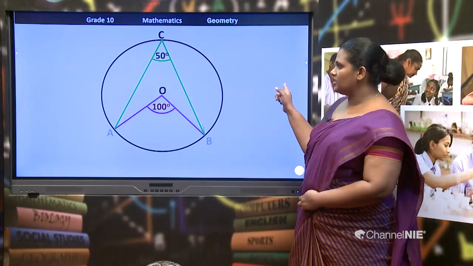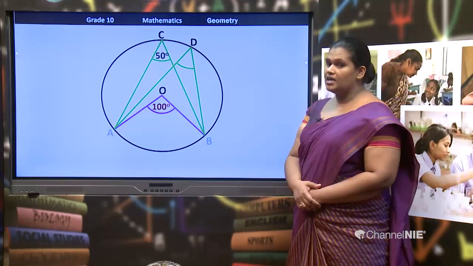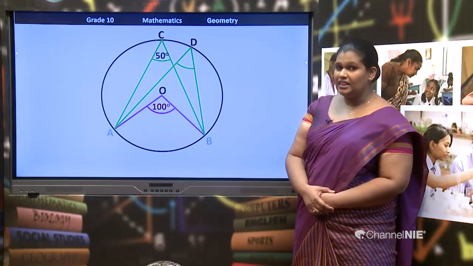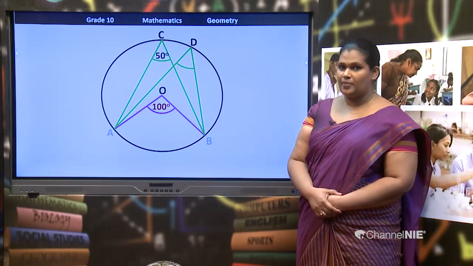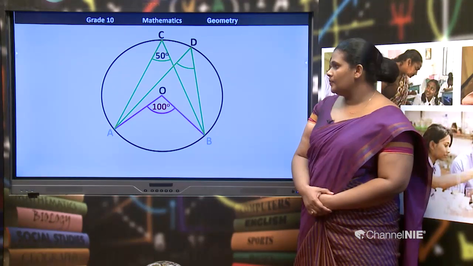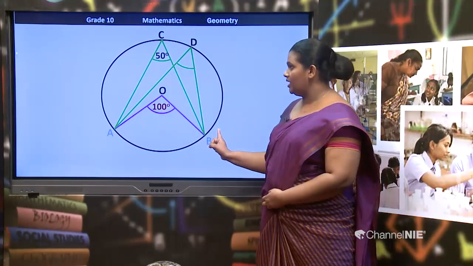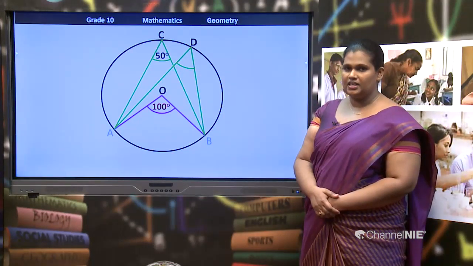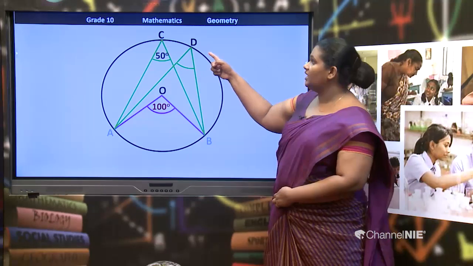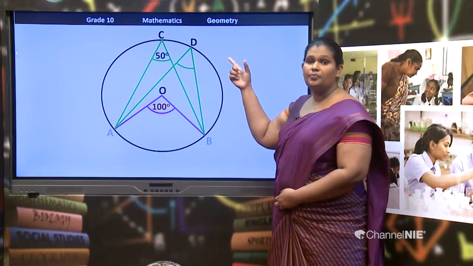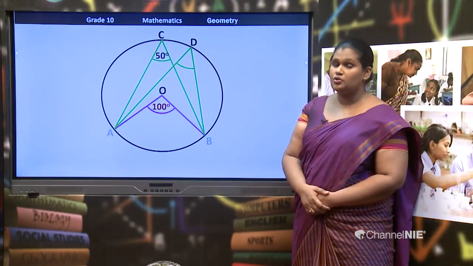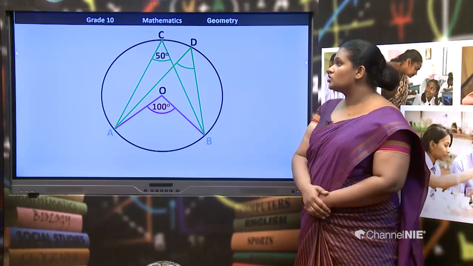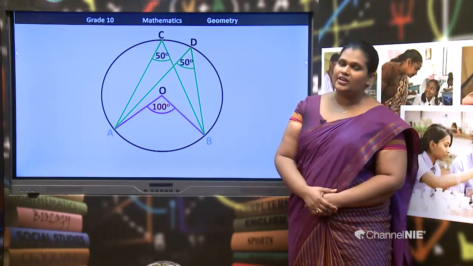Now, I am going to consider another angle. Once again, this is also subtended by the same minor arc AB, once again at the remaining part of the circle. Now, here I have got D, another point on the circle, that means the remaining part of the circle. Once again, that should also be 50 degrees.